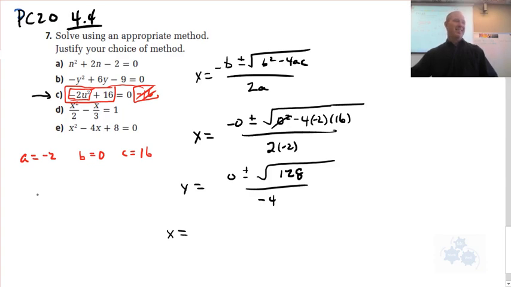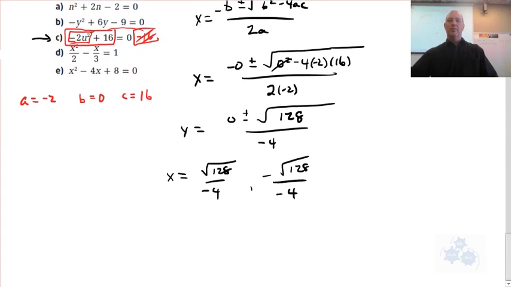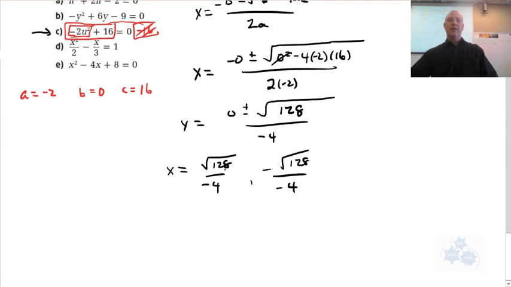So we're going to have positive root 128 over negative 4 and negative root 128 over negative 4. So we have two options here, but this 128 is not simplified. In order to simplify, you want to find a factor of 128 that's a perfect square, and factor it out.